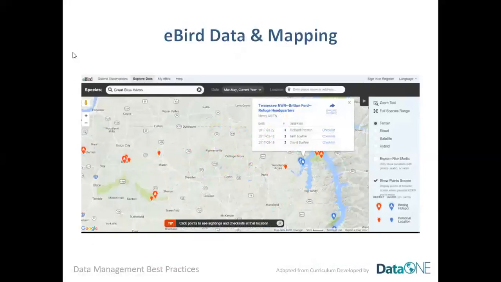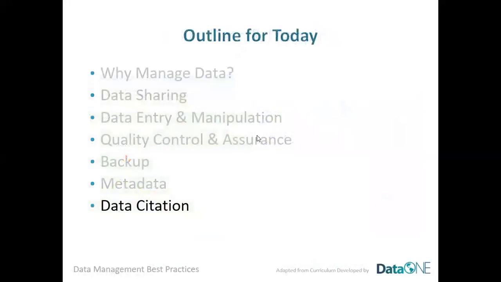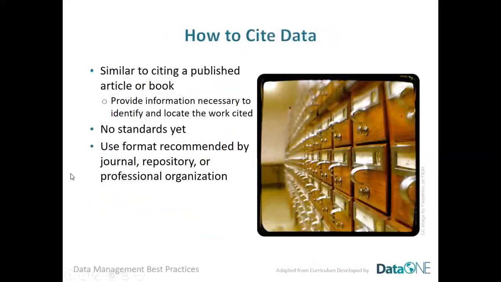Okay, moving on. So the last section I want to talk about today regards data citation. Citations of data are similar to citing any published work, like an article or a book that you might use within your research in your articles. It provides information that you need to identify and locate that work, in this case, the data set.